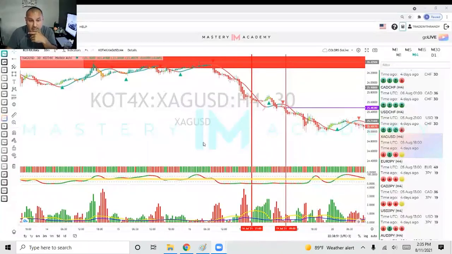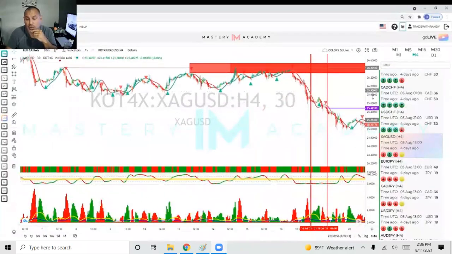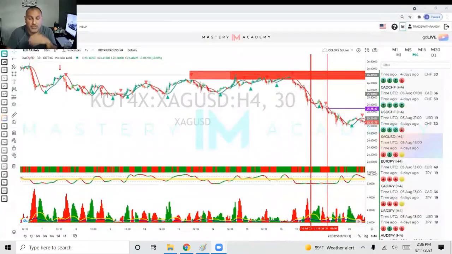Where would your stop loss be? That's a great question. If we entered right here, what structure are we looking at? What time frame is our structure on? The colors have to line up on the 30-minute time frame once you've dropped down from the 4-hour, when you've had a red triangle coming out of the red box on the 4-hour time frame.